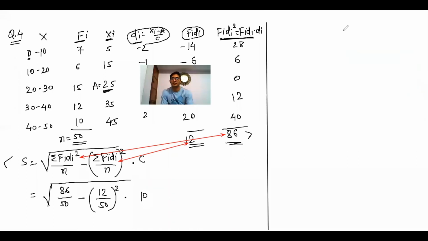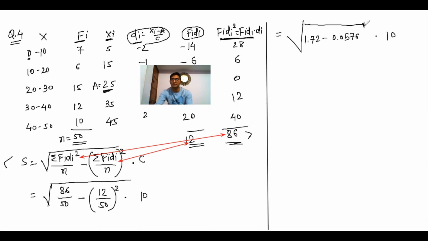Now under root, 86 divided by 50 is 1.72. 12 divided by 50 and square of this is 0.0576, multiplied by 10. Remember one thing, this 10 is outside the root.